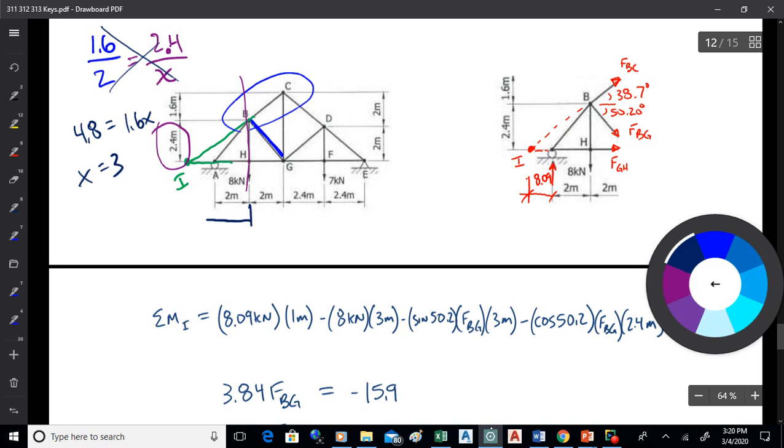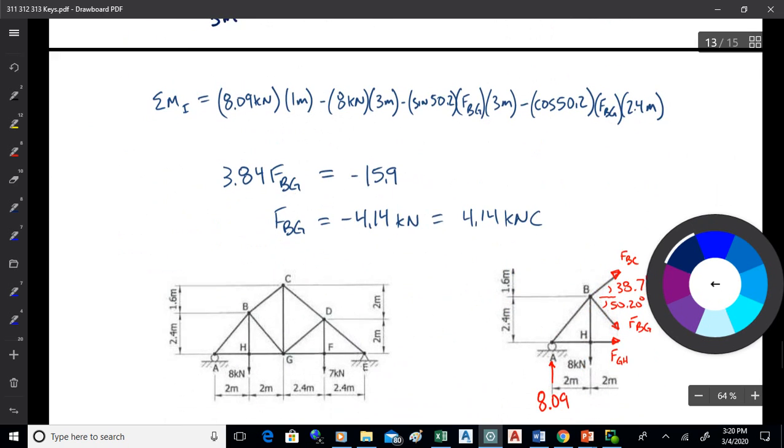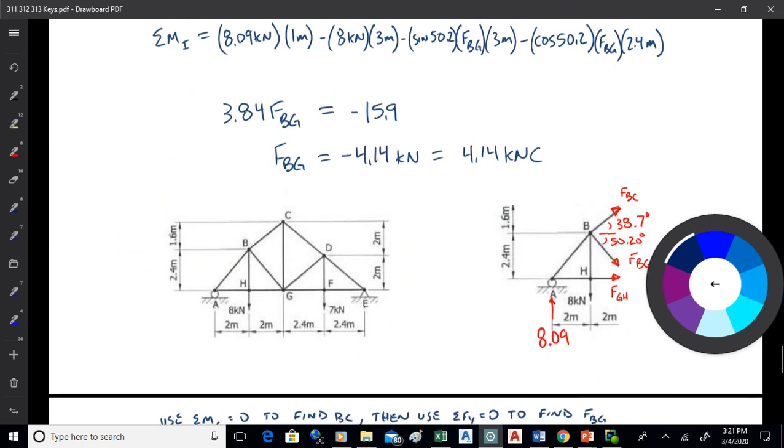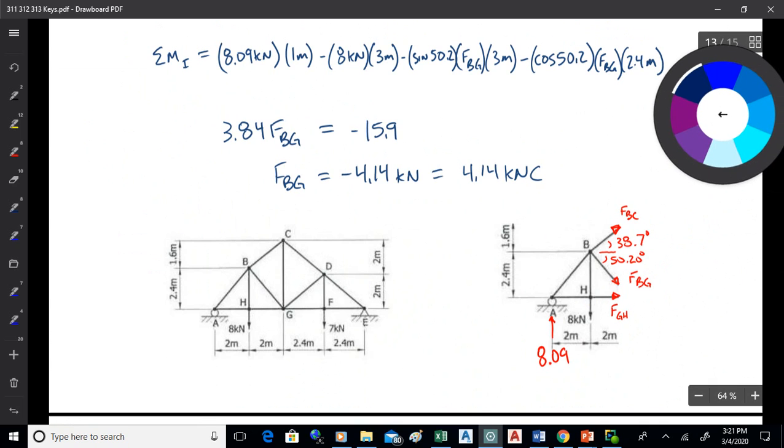So it's 3 meters out to I. Just doing a slope ratio there. Once I've got that, I'll just take a moment about I and solve directly for BG, 4.14 compression. So that's one way to do it. A little bit more advanced strategy, but a quicker way to solve it.